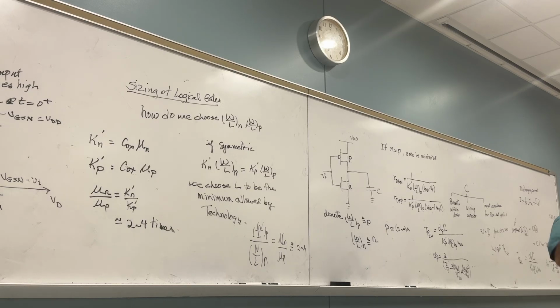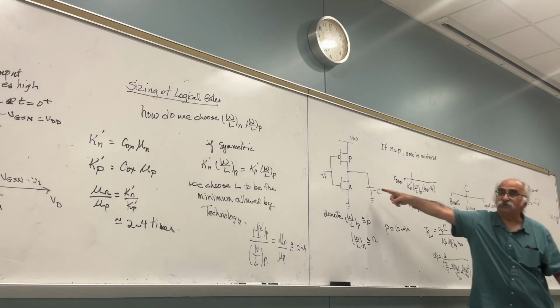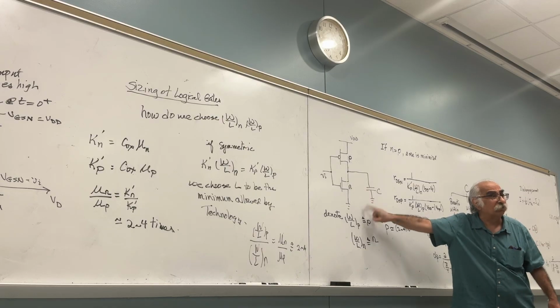So if I want to design, for example, a 2-input NOR gate, or a 4-input NOR gate, or NAND gate, what do I want? I want to choose the N and the P for those gates such that the charging and discharging currents are the same as the inverter.